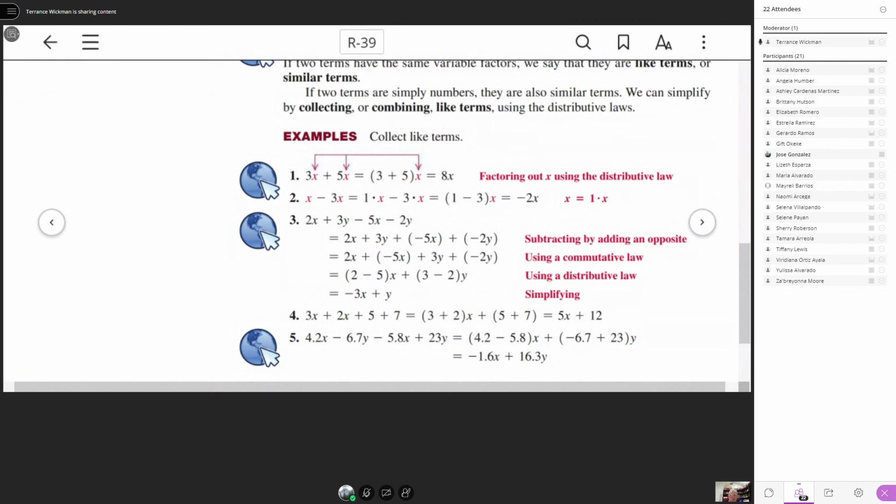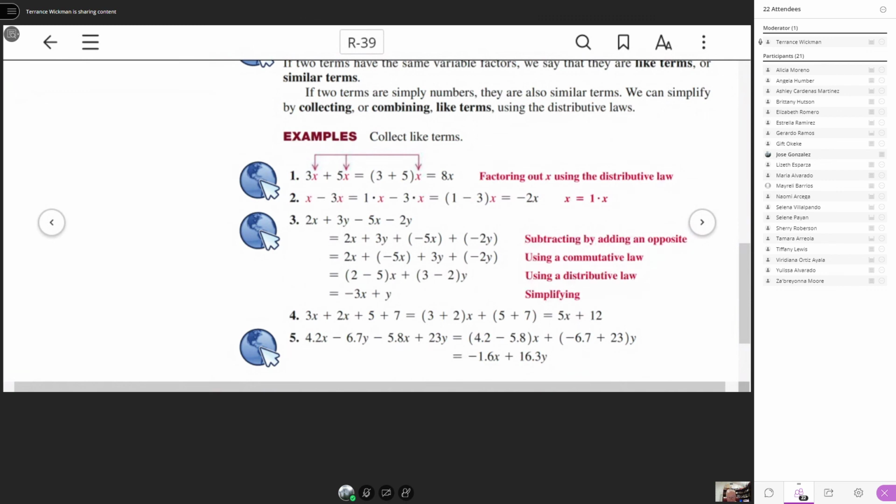If you don't use x's, call them apples. Number 2, you can factor out the x. So if you factor out this x, you get a 1, and you get a minus 3. Now here's what happens. The x is factored out in number 2. So if you take x times the first one, you get the x. If you x times the negative 3, you get the negative 3x.